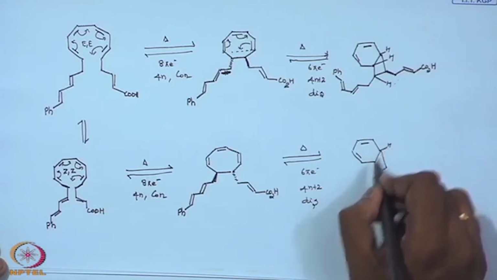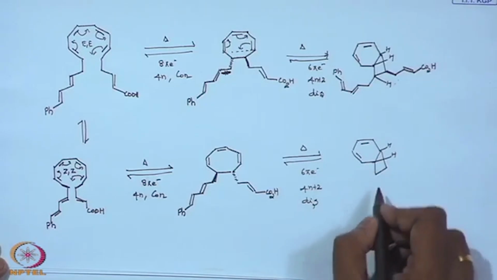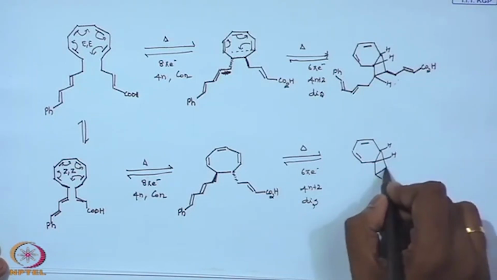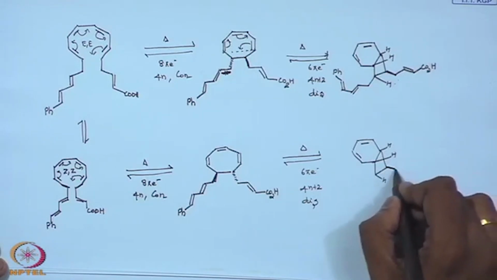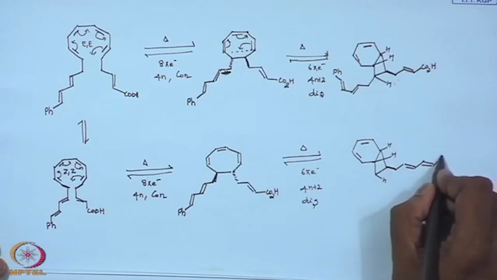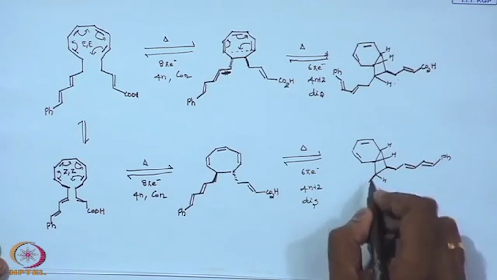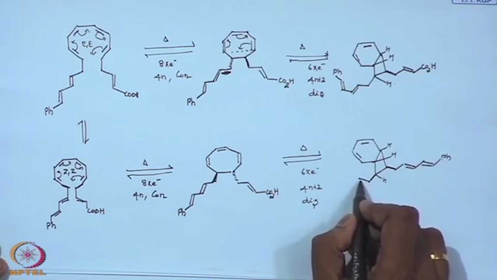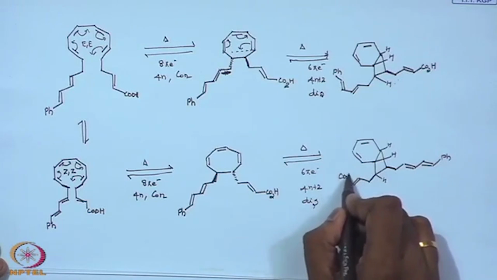We have a hydrogen here, but this time it should be the other way around. So, you have your phenyl here, and you have your carboxylic acid. Here you have carboxylic acid.